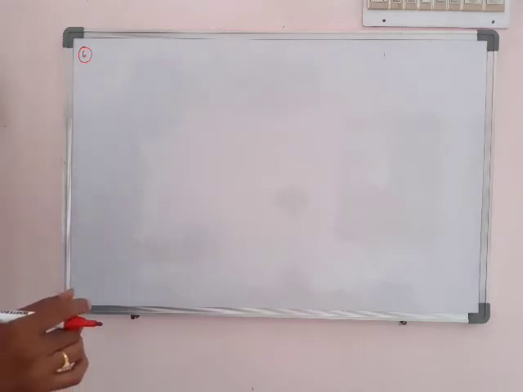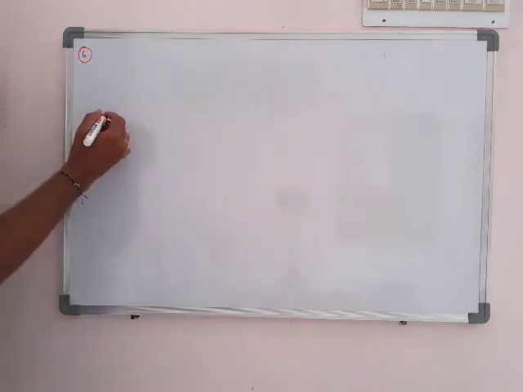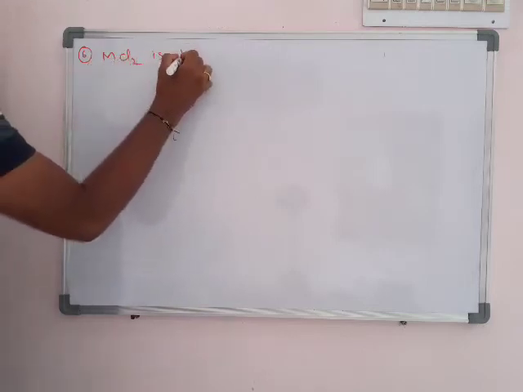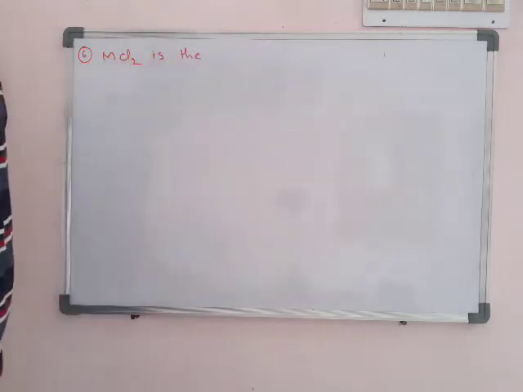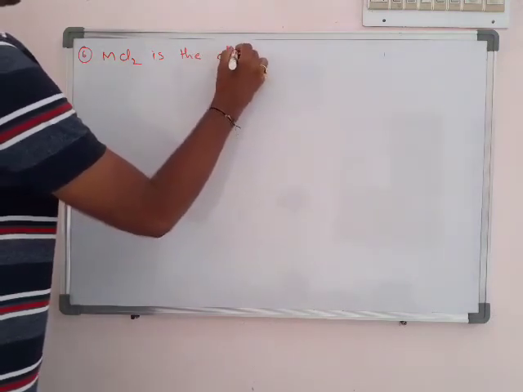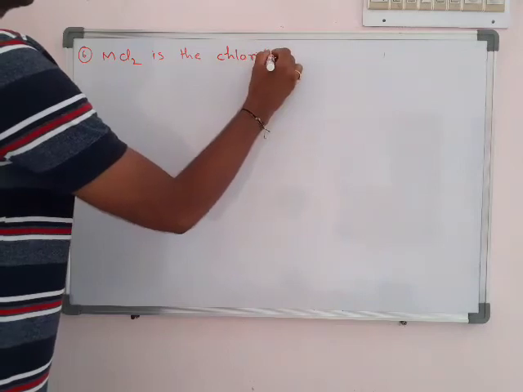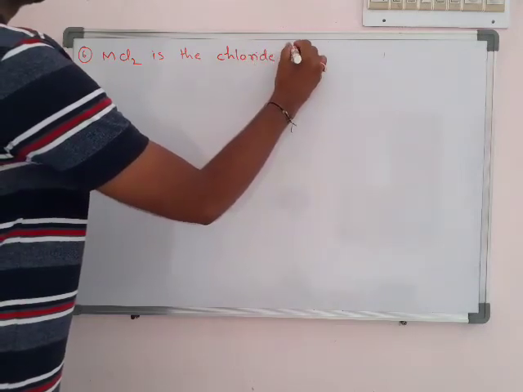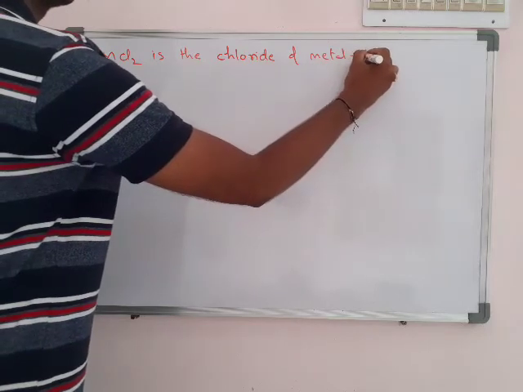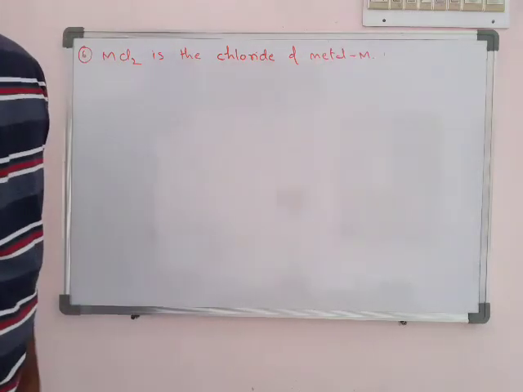It is given that MCl2 is the chloride of metal M, just don't get confused.